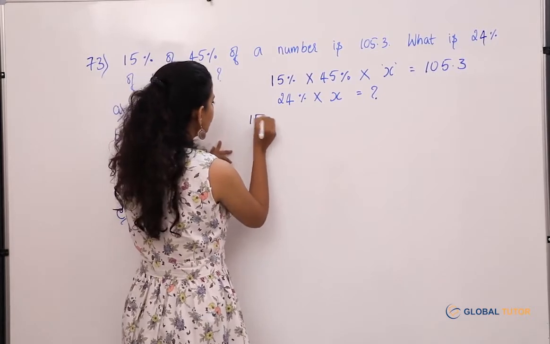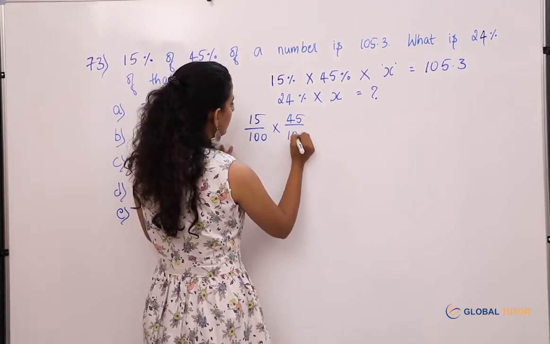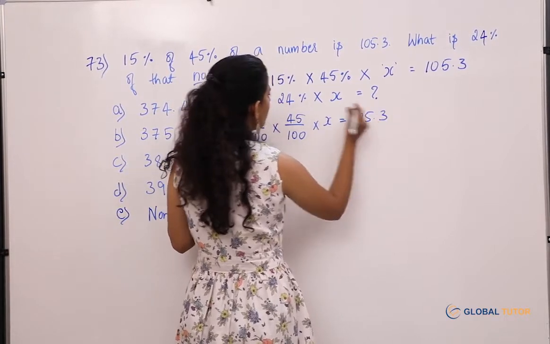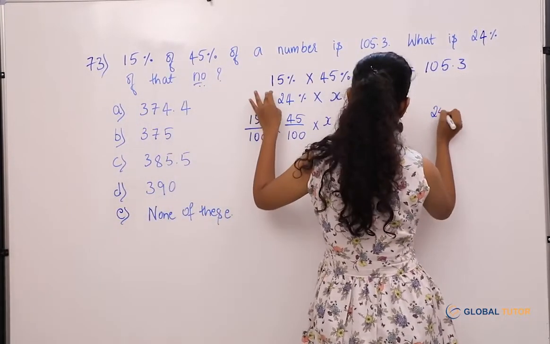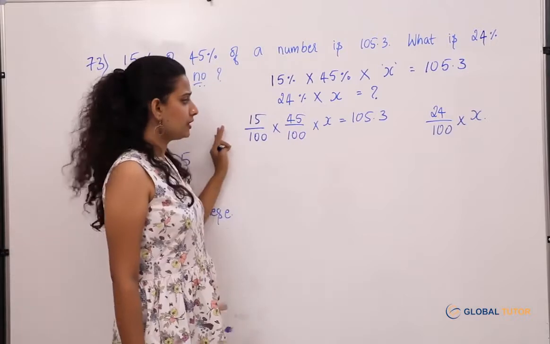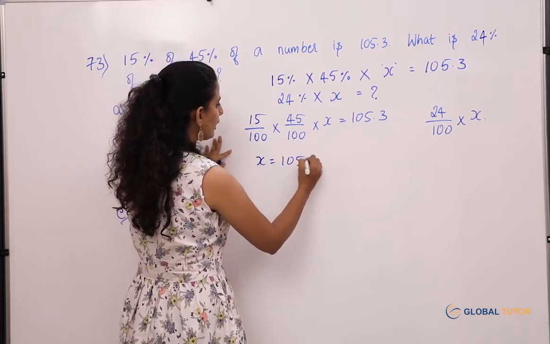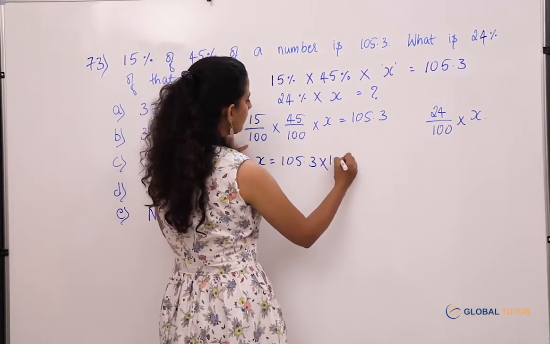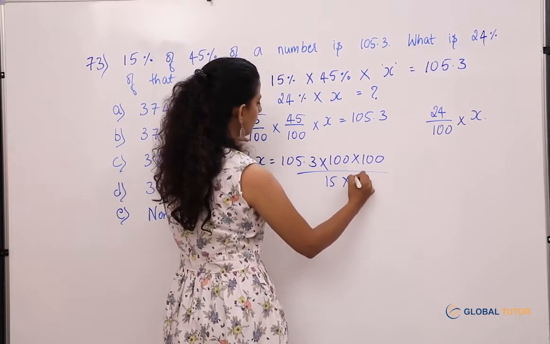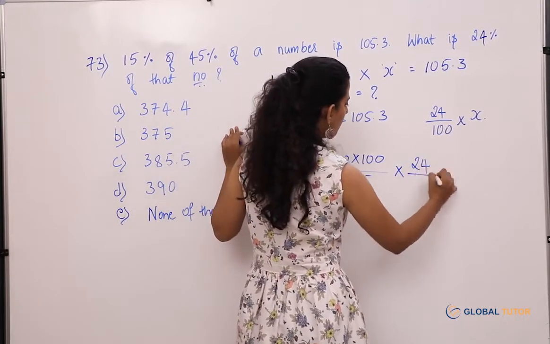This can be written as 15 divided by 100 into 45 divided by 100 into x is equal to 105.3. And this can be written as 24 divided by 100 into x. So here first we need x, right? So x is equal to 105.3 into 100 into 100 divided by 15 into 45, into 24 by 100.